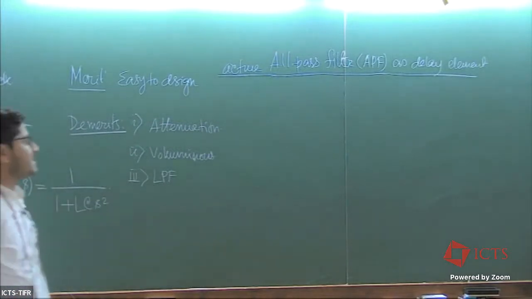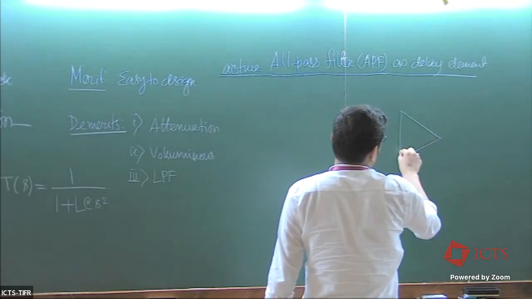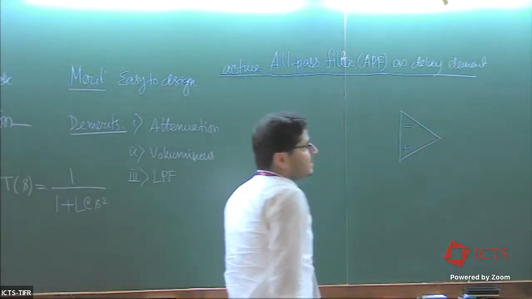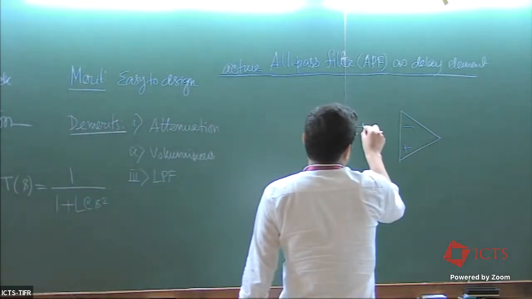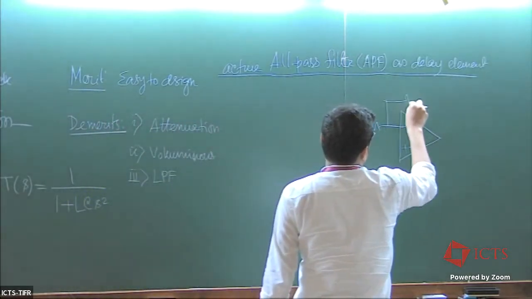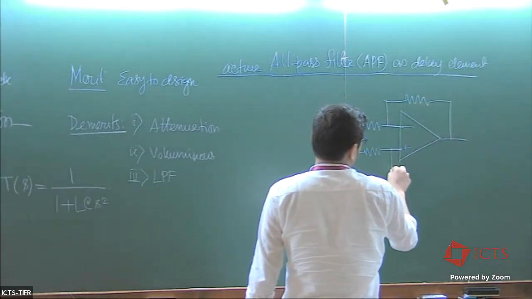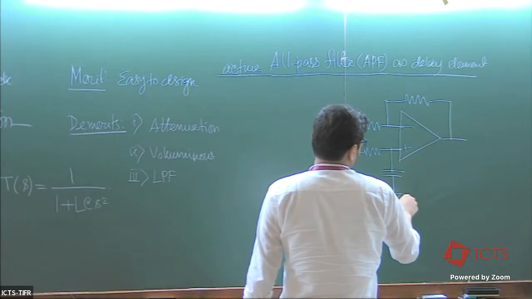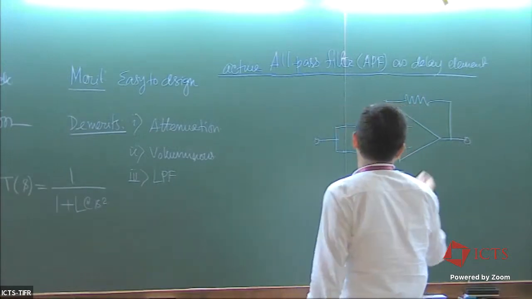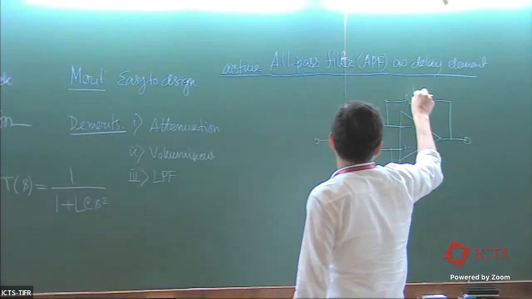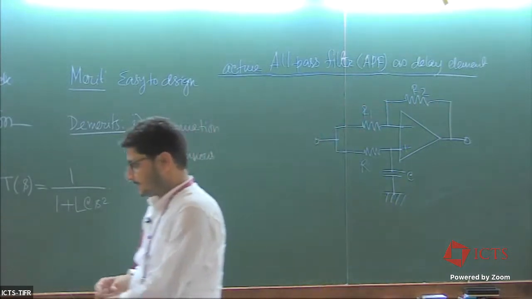So the circuit looks like this. This one is an operational amplifier or op amp. Suppose these are R1, R2, R, and C.